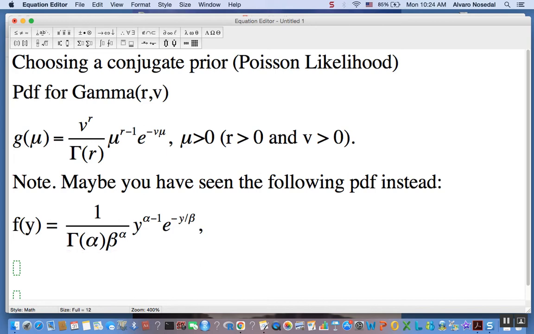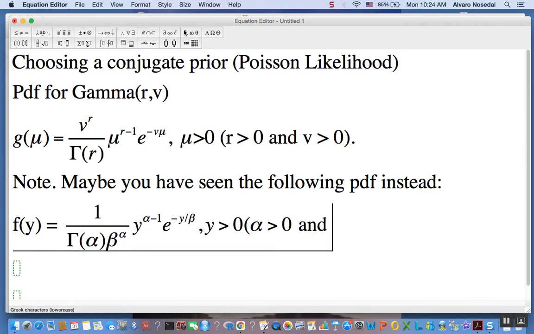The support in this case would be positive y's. And we have the same restrictions for alpha and beta: alpha positive and beta positive as well.